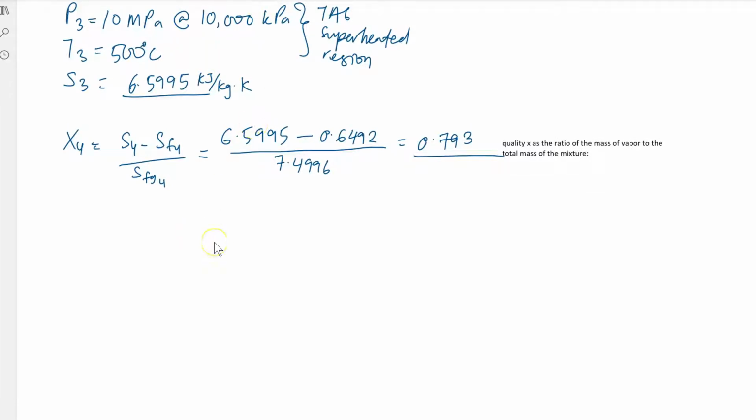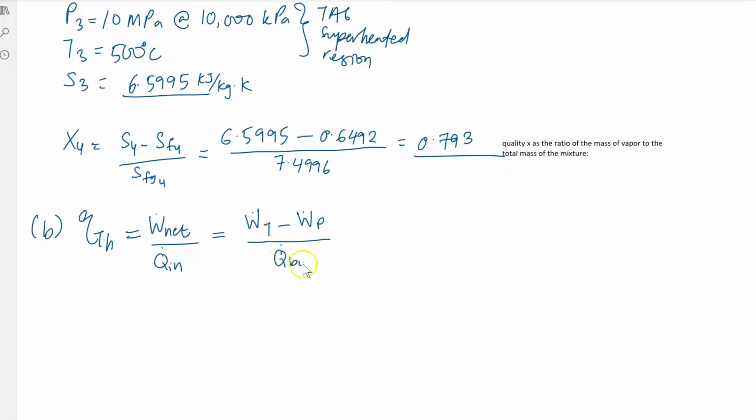For part B, you were asked to find the thermal cycle efficiency, where the definition is W dot net divided by Q dot in. If we expand this equation, it's going to be W dot of your turbine minus W dot of your pump, divided by the Q dot in your boiler.